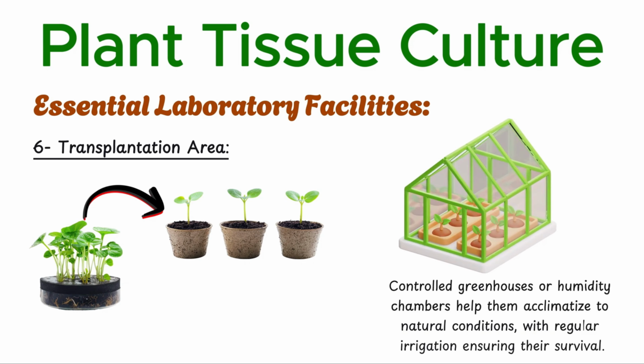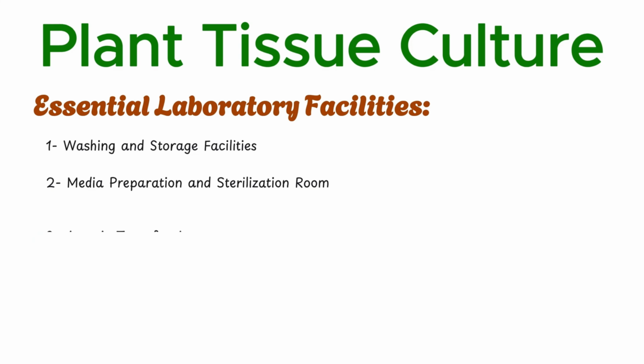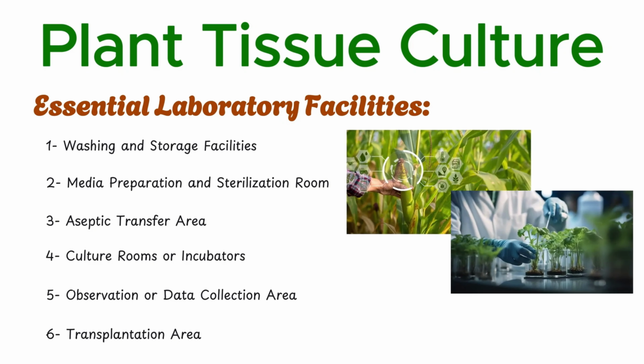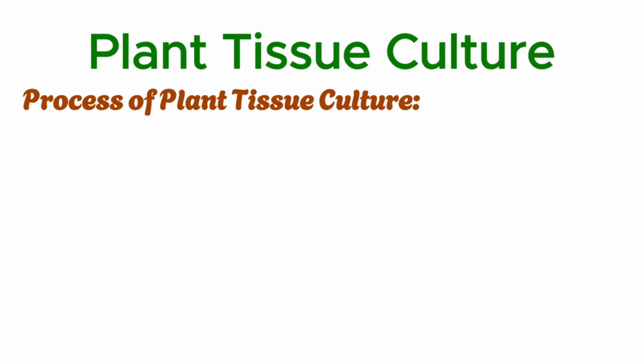Controlled greenhouses or humidity chambers help them acclimatize to natural conditions, with regular irrigation ensuring their survival. With these essential facilities, plant tissue culture becomes a precise and efficient process, opening doors to groundbreaking advancements in agriculture, biotechnology, and conservation. Here's how the process works.